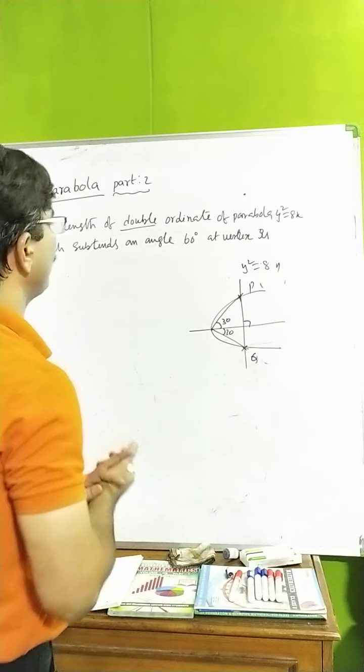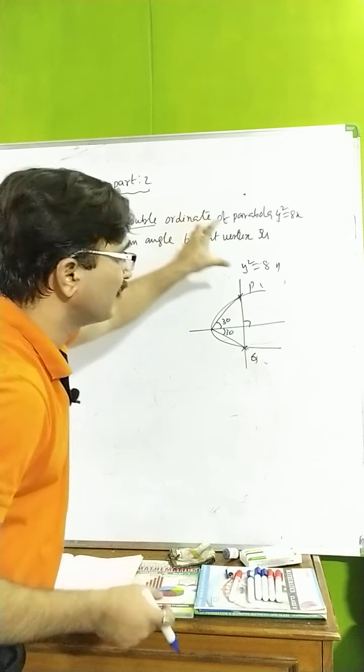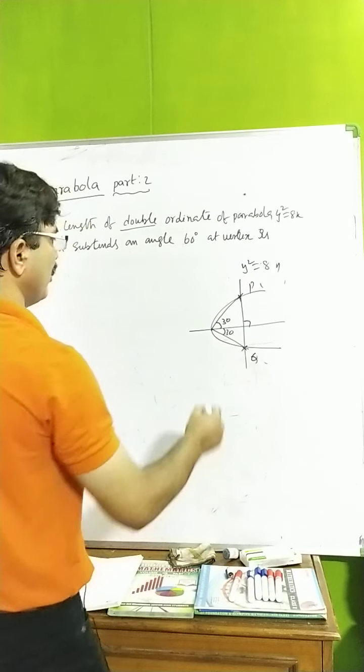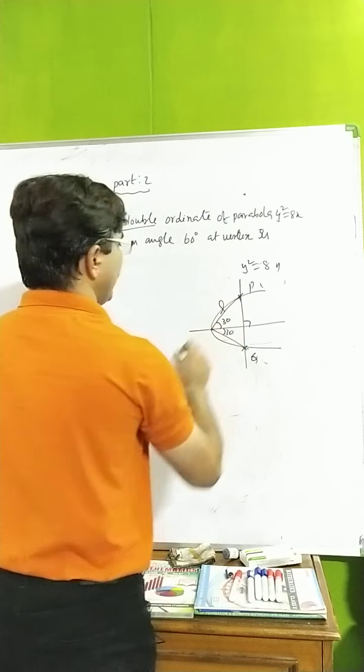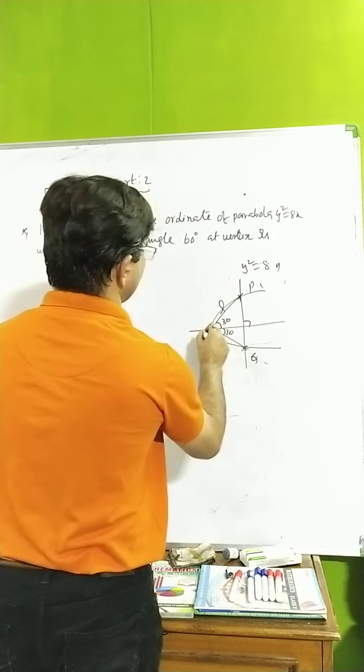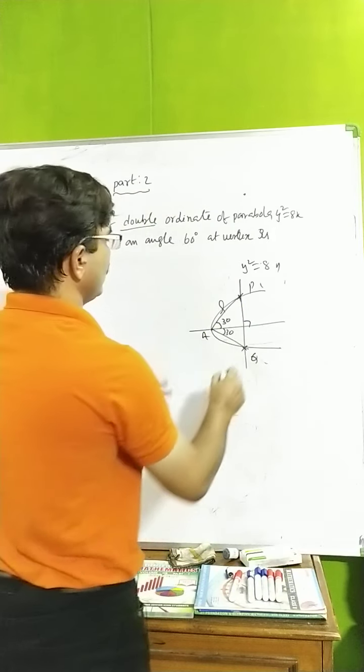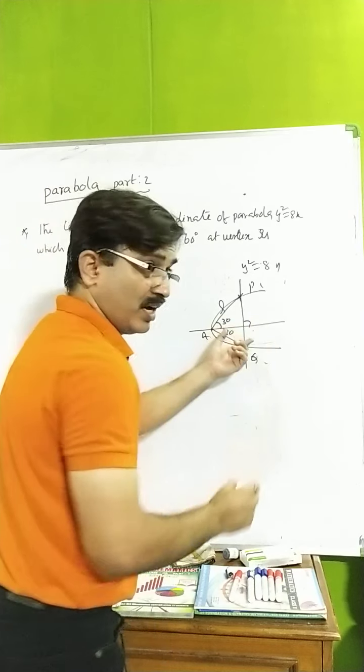What exactly do we have to find? We have to find the length of the double ordinate. I don't know it here, so let us say it is L. In this triangle, this is the vertex, and something here, you can't say that is the focus.